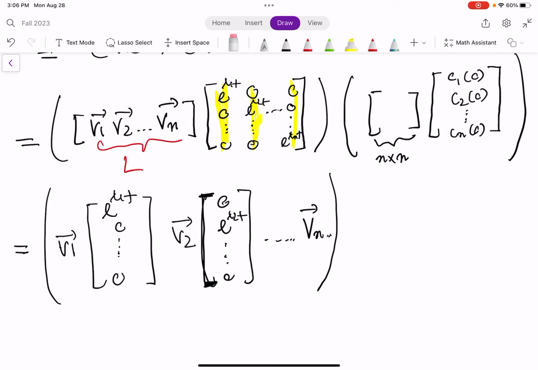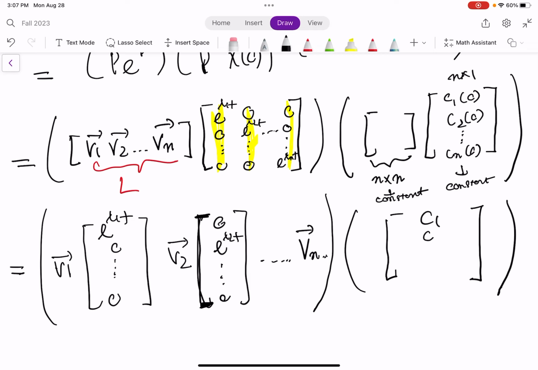So all this is basically an n by 1 matrix, or a column vector with constants. Let's call it constants C1, C2, all the way to Cn. Because you multiply two matrices together with constants, all you care about is the final dimension, which is n by 1, and it's just a constant. Okay, so wonderful.